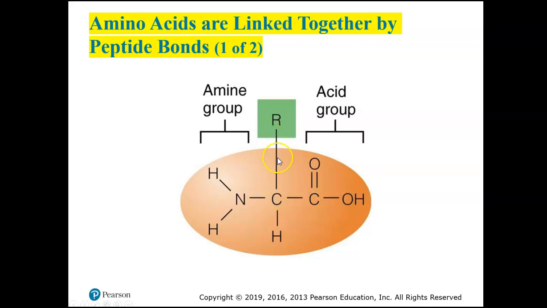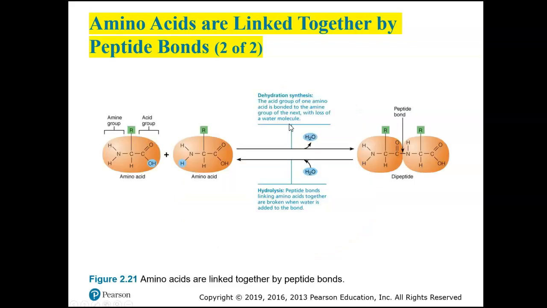The other chemical that is attached to the central carbon is the R group. And R is not a symbol for an element. R just means variable. So any atom or group of atoms can be found here. And there are 20 different R groups, and that gives you the 20 different amino acids. When 2 amino acids are joined, it's called dehydration synthesis.